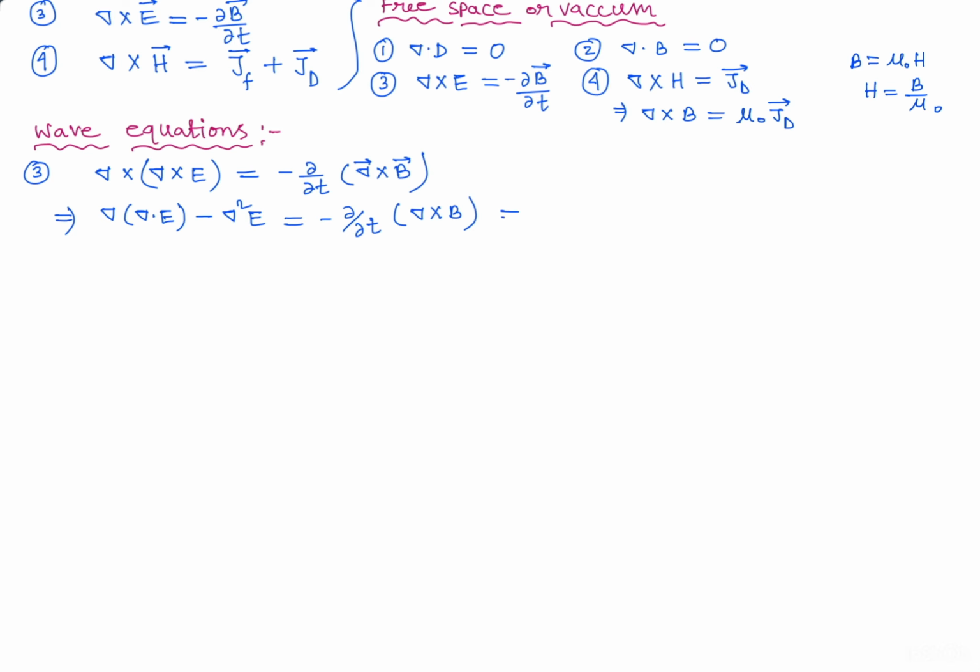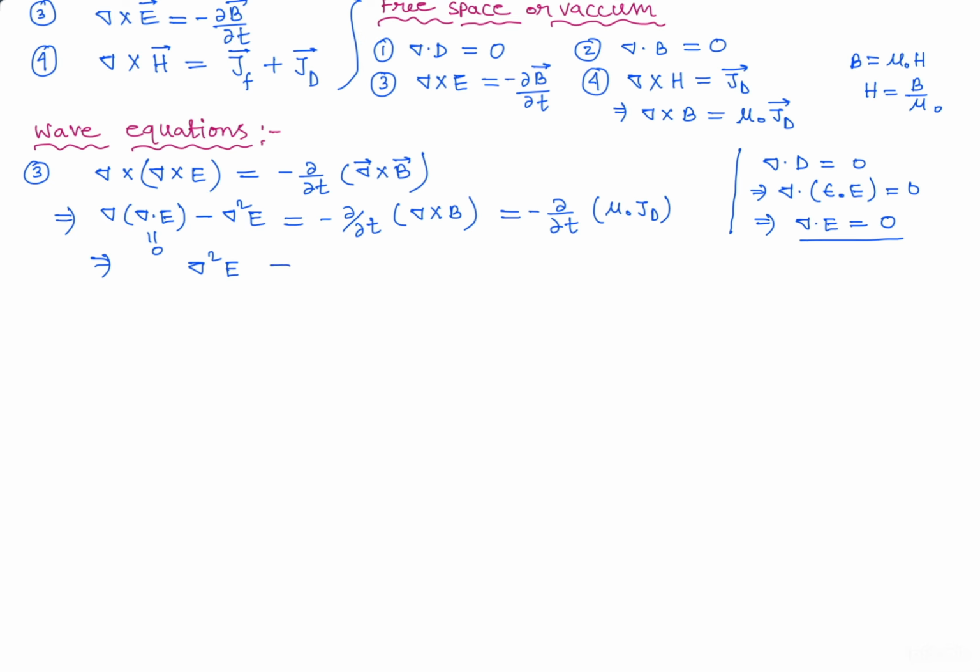So I put here, then we get del t of mu 0 J D. Divergence of D equal to 0. From this we write divergence of E equal to also 0. So this term will be 0. So we get grad square E equal to mu 0 del J D by del t.